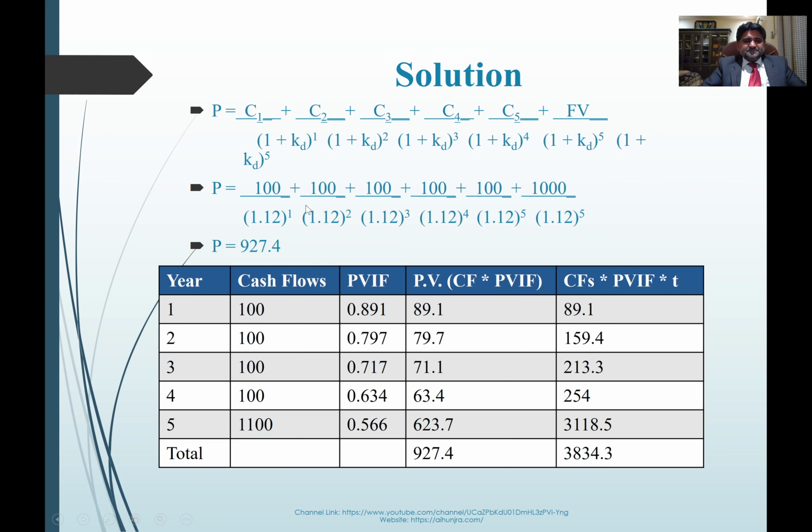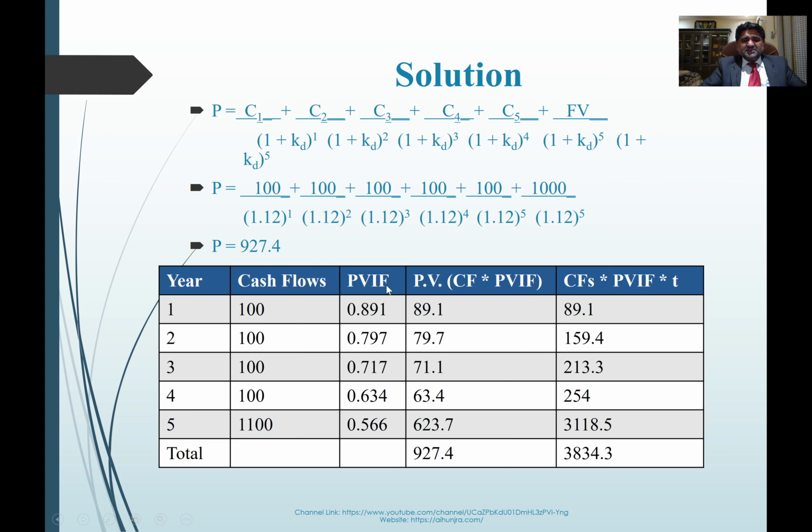So the face value is 1000, but the fair price is the present value, that is $927.4. We can also solve this question in tabular form with the help of tables. The cash flow of the first year is 100, second year 100, third year 100, fourth year 100, fifth year 1100.